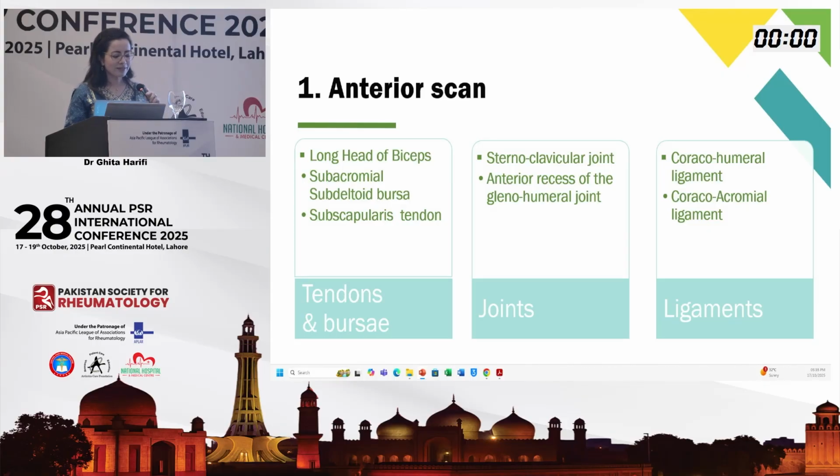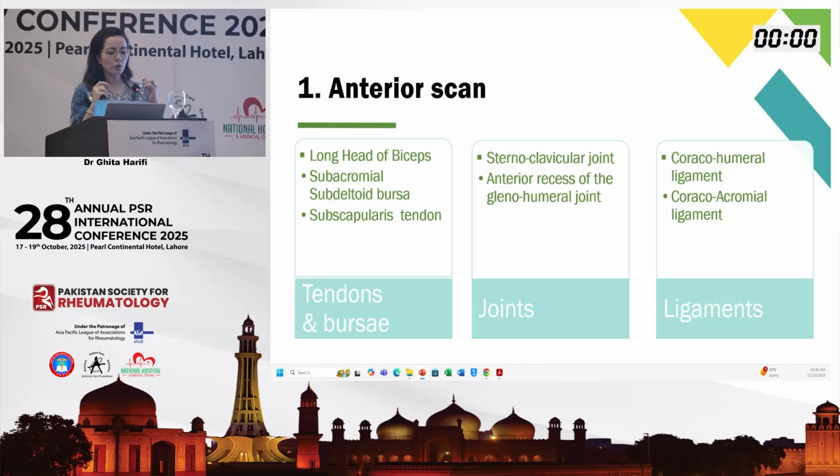The 2 tendons are the long head of biceps and the subscapularis tendon. And then there is 1 bursa, or 2 bursas, if you consider subacromial and subdeltoid as 2 bursas. And regarding the joints, remember, on the anterior aspect you also have the sternoclavicular joint. So that's also something that you will have to scan.